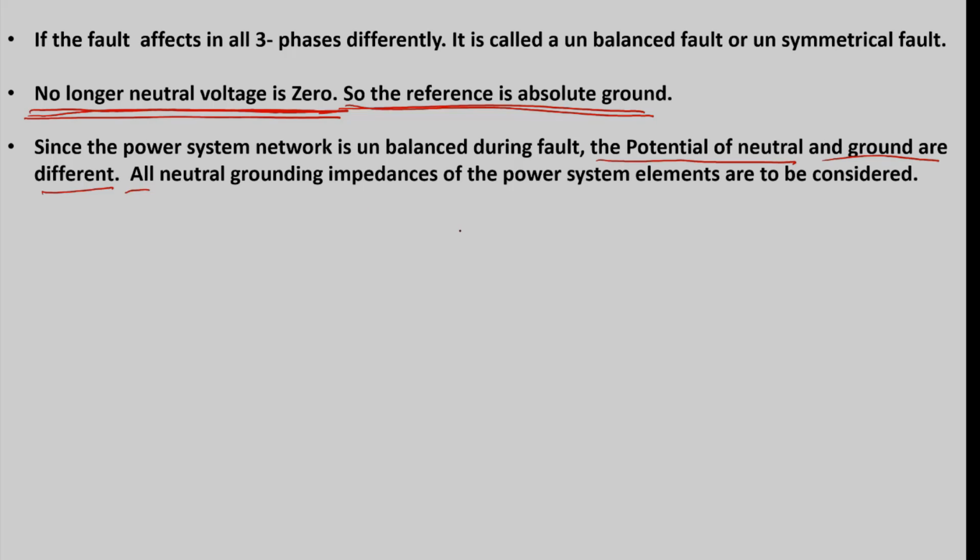Why? Because now neutral and ground are at different voltages. So any impedance that is connected between the neutral and ground may carry current. So we have to consider them for our unsymmetrical fault analysis. Understand? These are the 3 important points which you have to remember with respect to the unsymmetrical fault analysis.